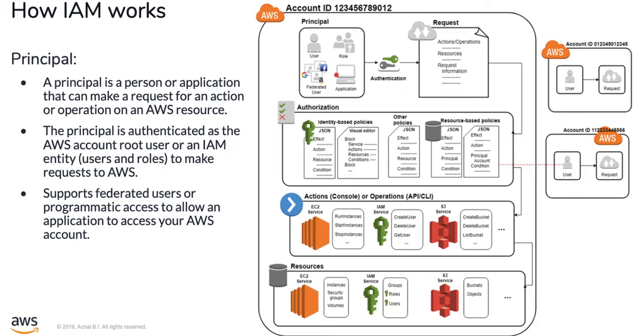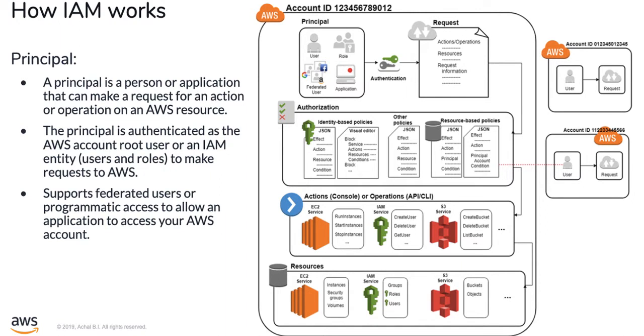Basically, this would be either a user or a role. When I say user and role, I would sometimes refer to it as an IAM entity. An IAM entity is basically a combination of users and roles.